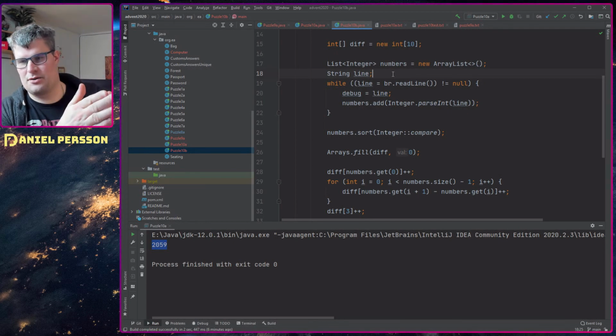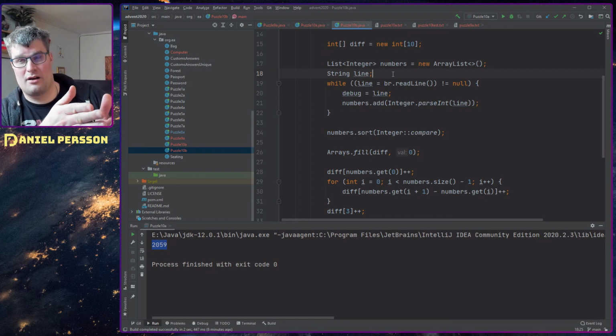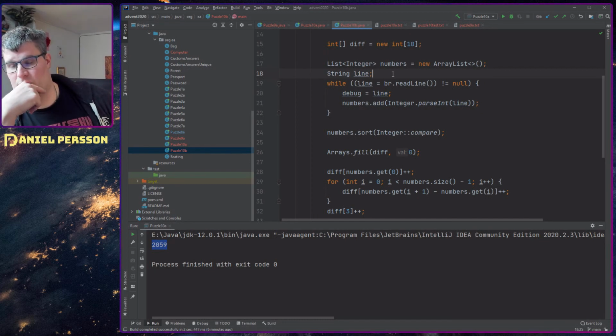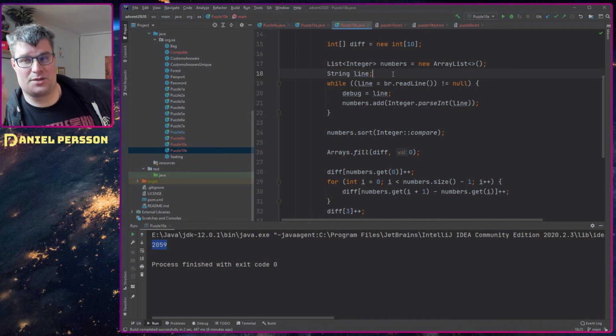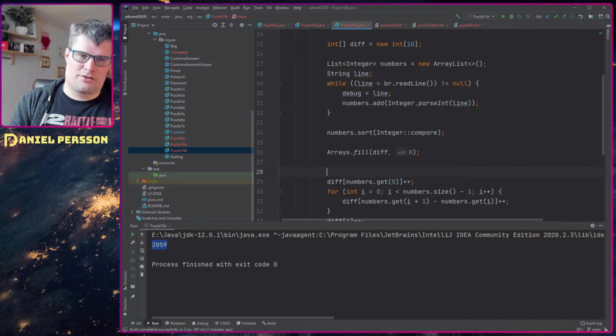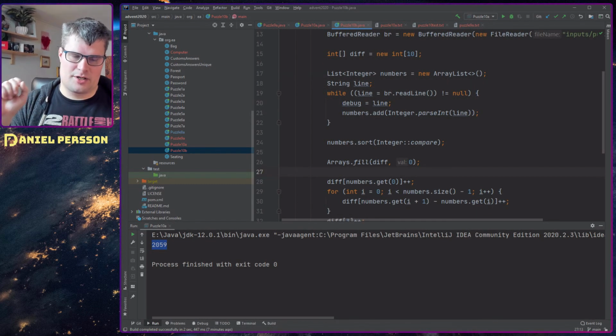Because we start at 0, so we only have one way from 0, right? Now we have multiple ways from 0 as well, yeah. So if we have a value, we want to see how many of that value can be.